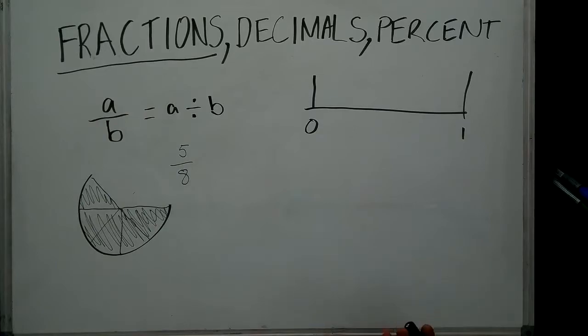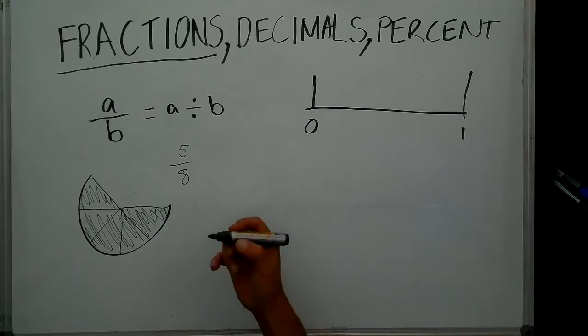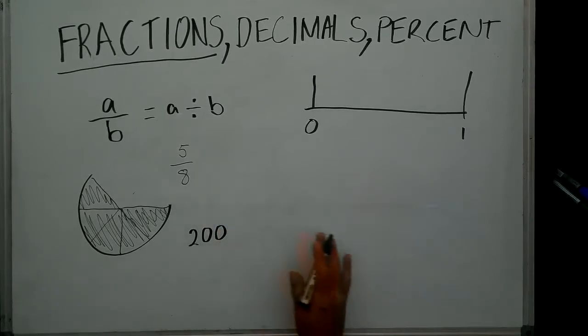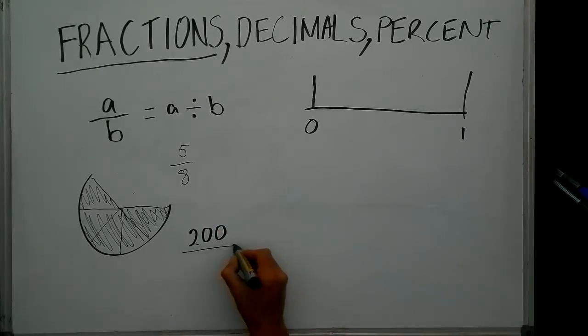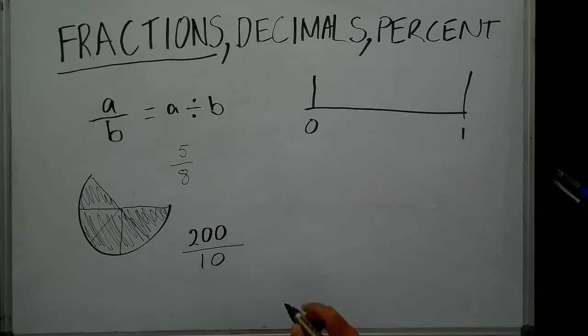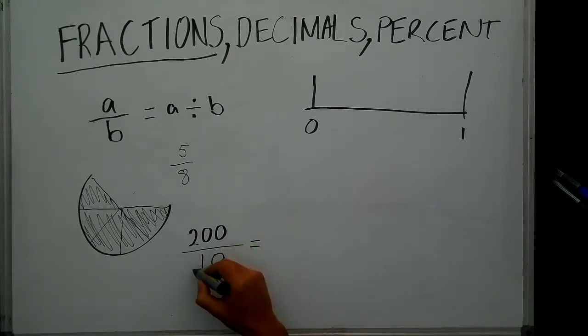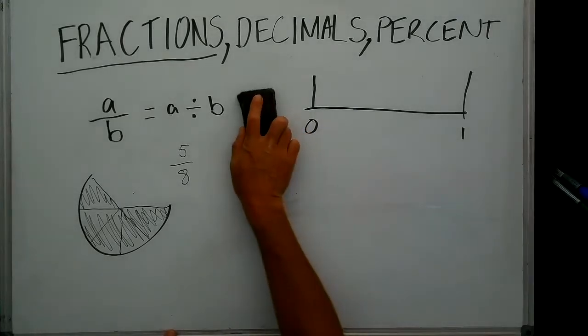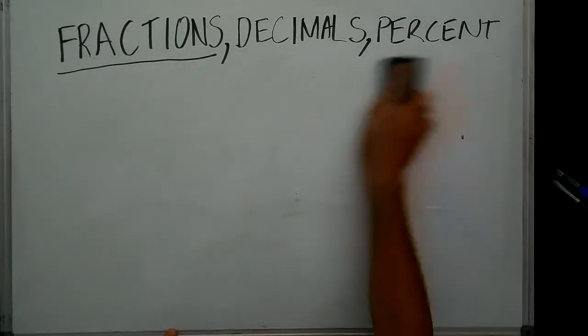So in general, just as we're solving problems, I might say, I don't know, 200 divided by 10, and I would write it divided by 10 like that, which equals 20. Okay, I think that's enough of the basic preliminaries.